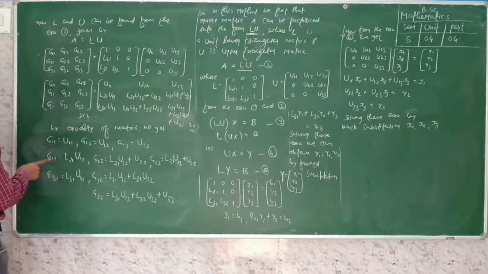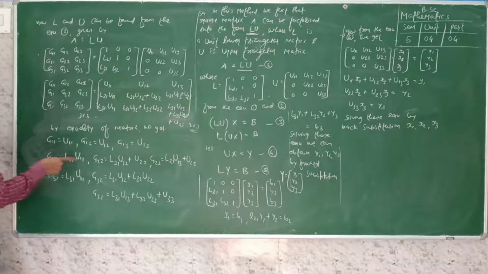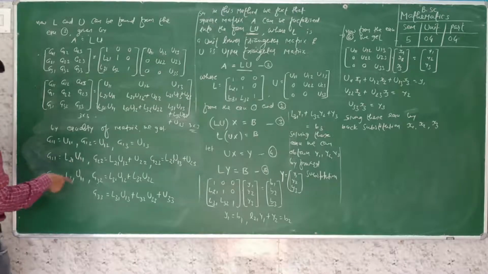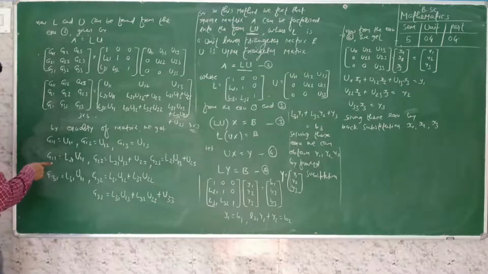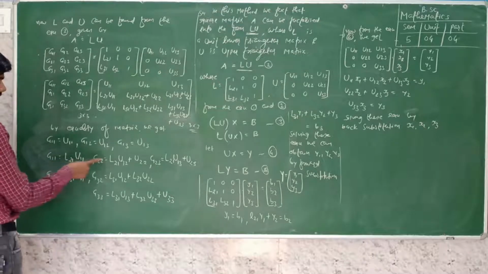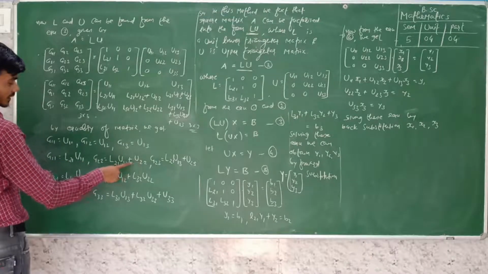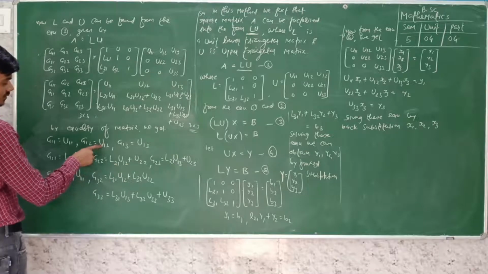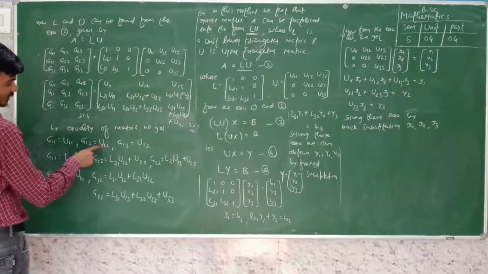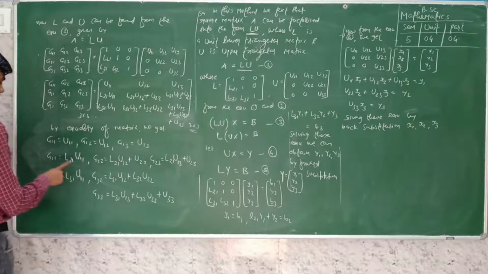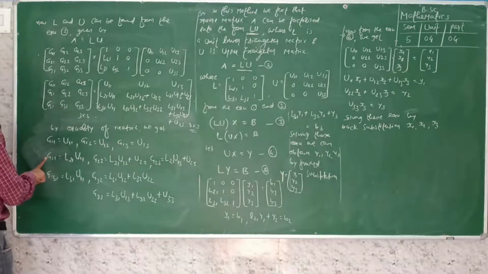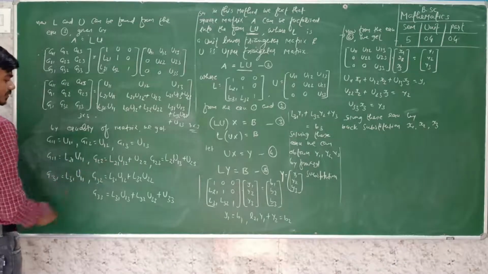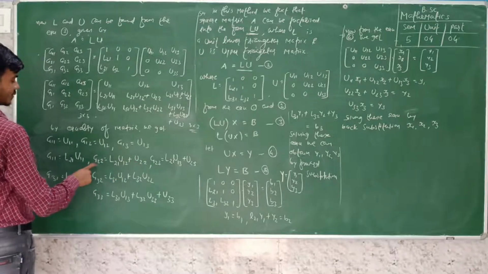So L21 is equal to A21 upon U11. Same here, with A21, U11 and the U12 value. Put this value of U12 here. L21 we found previously, so we can retrieve the value of A22.